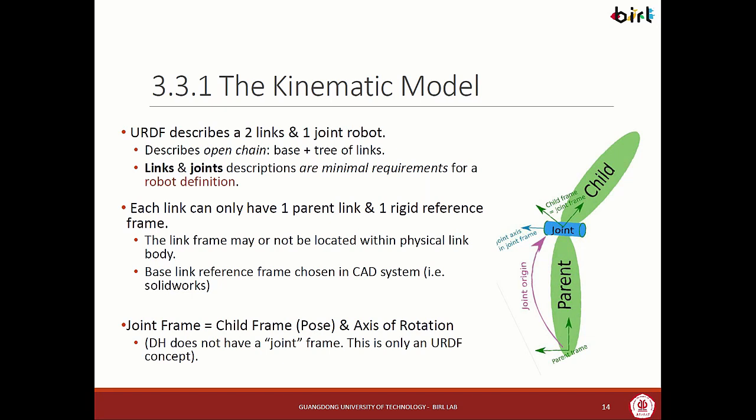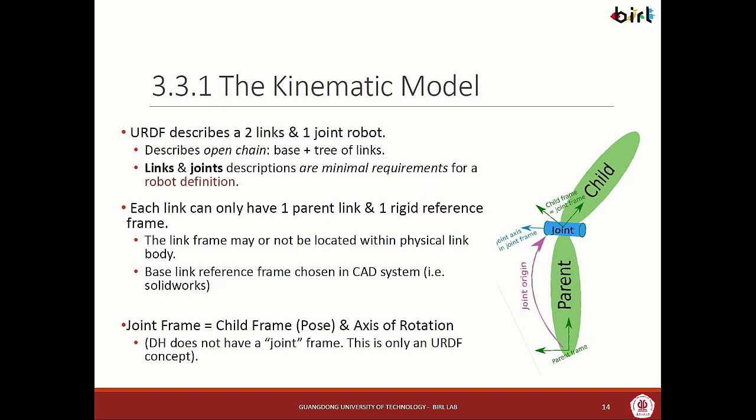The reference frame is going to be defined by the CAD system, the computer-aided design system. You guys often use SolidWorks. When you create the base link in SolidWorks, you have to say where this frame of reference is going to be. You can put it anywhere. You've got to find one that makes sense to you.